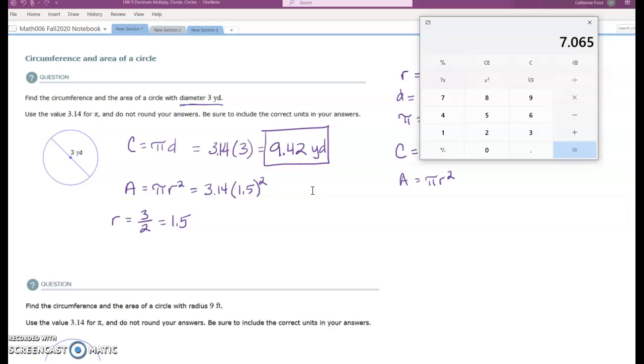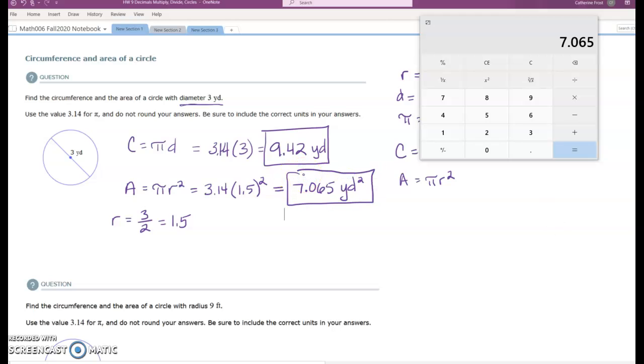And again, it said don't round, so we are going to type in to Alex exactly 7.065. Now, this time, since we're doing area, and also notice this squared, we are going to need to have square units. So in this case, square yards.